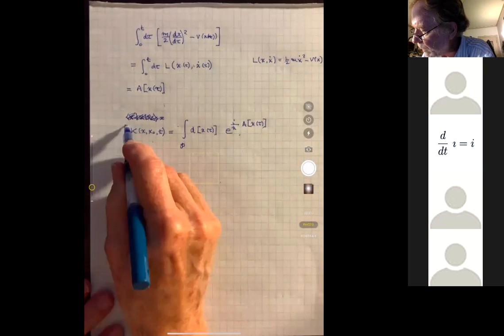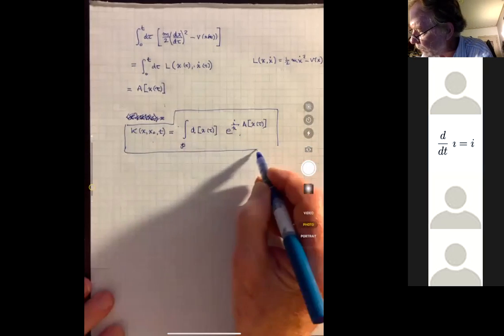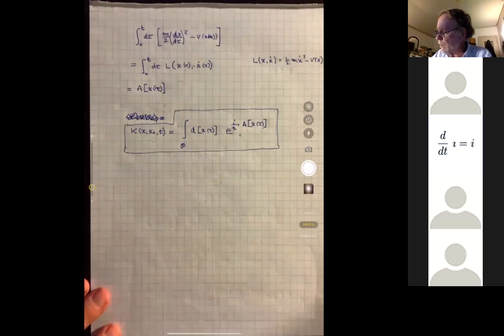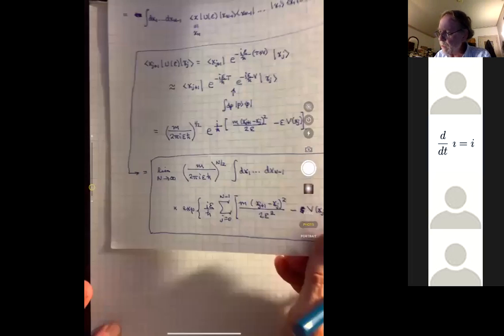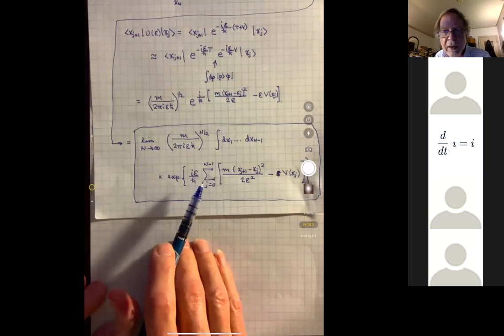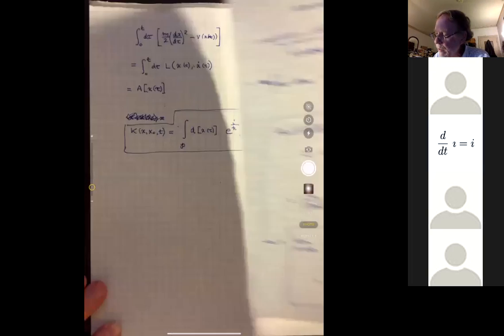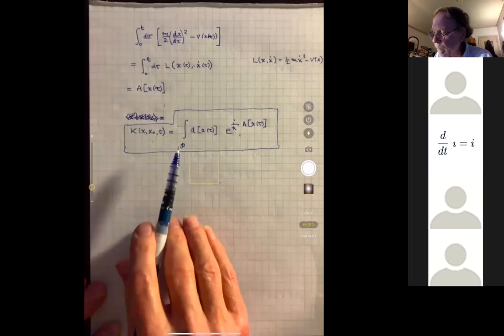And let me box that, because this is an alternative notation for the path integral, which we can regard as a compact notation, an abbreviation for this more explicit and much more complicated looking discretized representation. It has the same content.